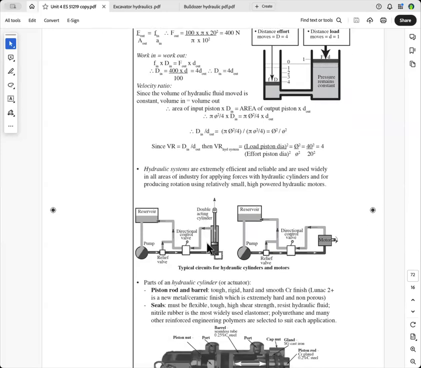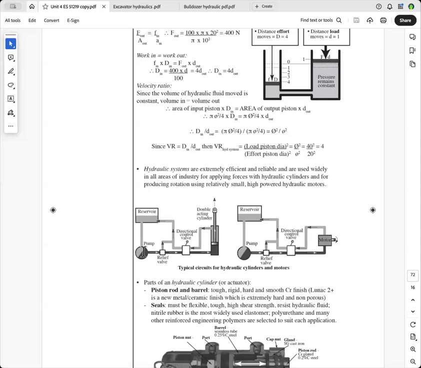So let's have a look at this here. This is a circuit for a hydraulic cylinder and motor. This is for a hydraulic cylinder. So you've got a big reservoir of hydraulic fluid, and you've got a super powerful pump. And the pumps are really small but very powerful.